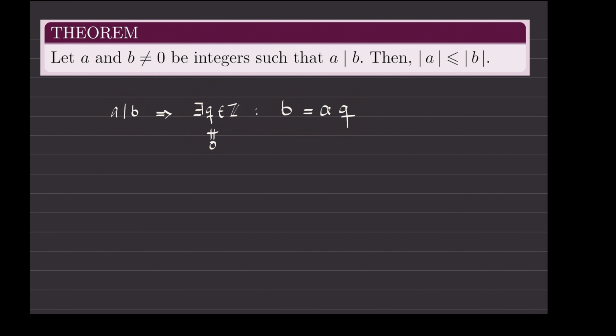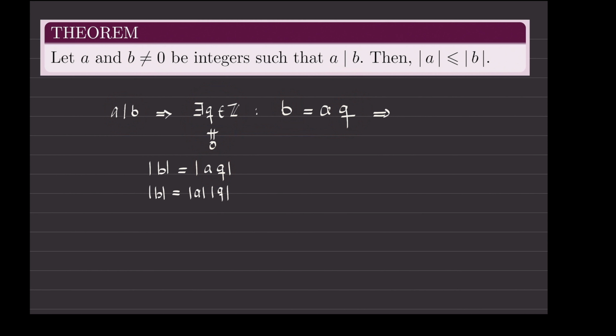Yes? Okay, now if that is the case, this means that the absolute value of B is equal to the absolute value of AQ. If I want to take the absolute value of a product, I can write it as the absolute value of the first one times the absolute value of the second one. That's a property of absolute value.